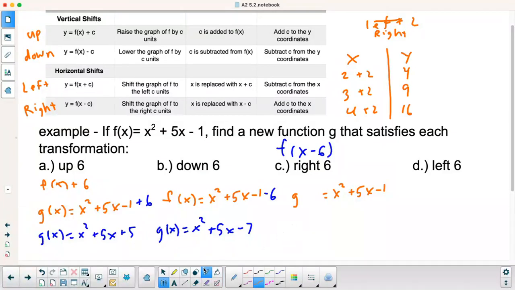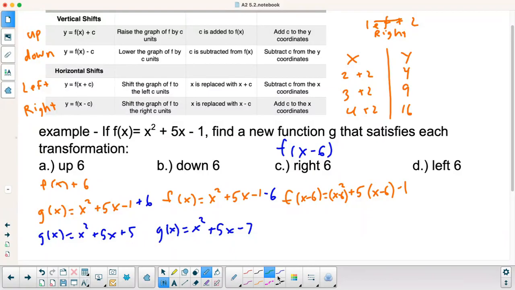So this is going to be f of x minus 6 instead of x. This is going to be x minus 6 squared, and this is going to be 5 times x minus 6. I could simplify that: I could do x minus 6 times x minus 6, distribute this and combine like terms. I'm not going to for now.